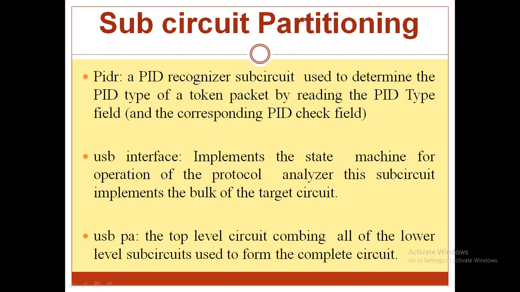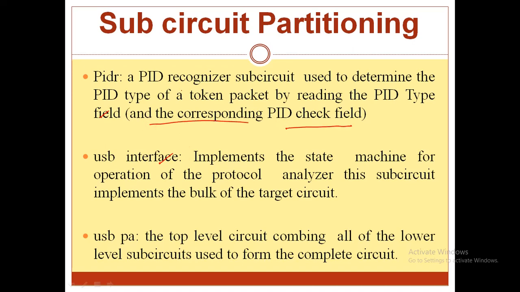Next, the PIDR, which is the packet ID recognizer. Once the packet ID is received, you have to recognize the corresponding packet ID. What kind of packet you are going to receive can be decided with the help of the packet ID check field.